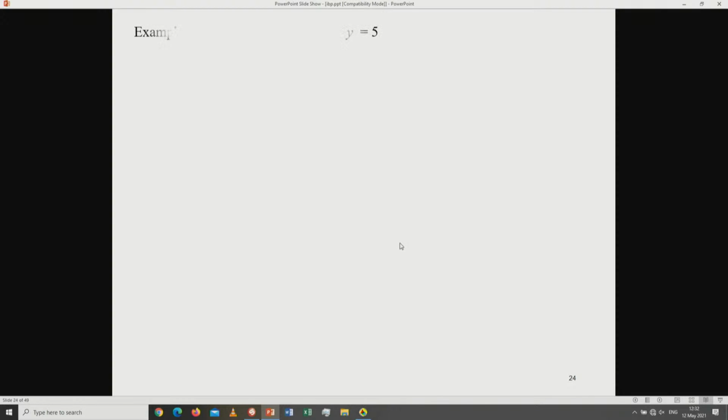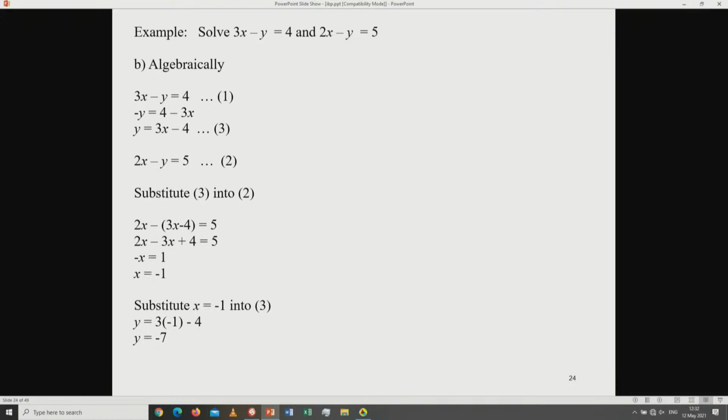Right, but when you solve it algebraically, then what's going to happen? You are going to solve for x and y using simultaneous equations. Remember, when you are doing simultaneous equations, you did the elimination method, and then the other one was the substitution method, where you have equation 1 and equation 2. Then you've got 3x minus y is equal to 4. Then you make y the subject of the formula here. Then we have that equation, then equation 2.